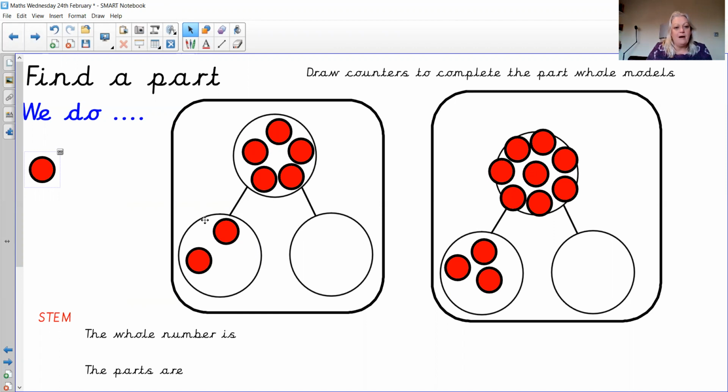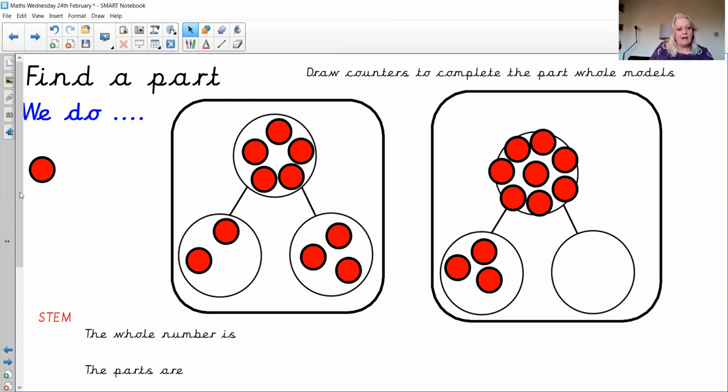Now we've got one part here, but we have a part missing. So I need to know what the other part is. What goes with 2 to make 5? So we can add on from 2. We can add on from this part because we know this part. So we have 2 already. 3, 4, 5.